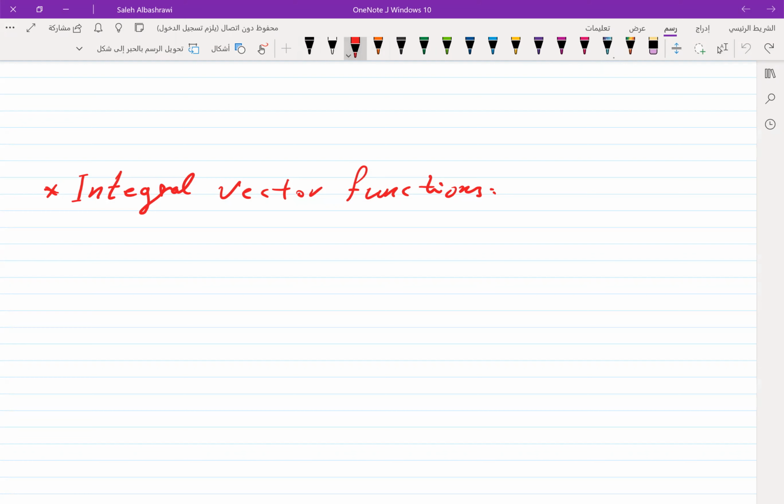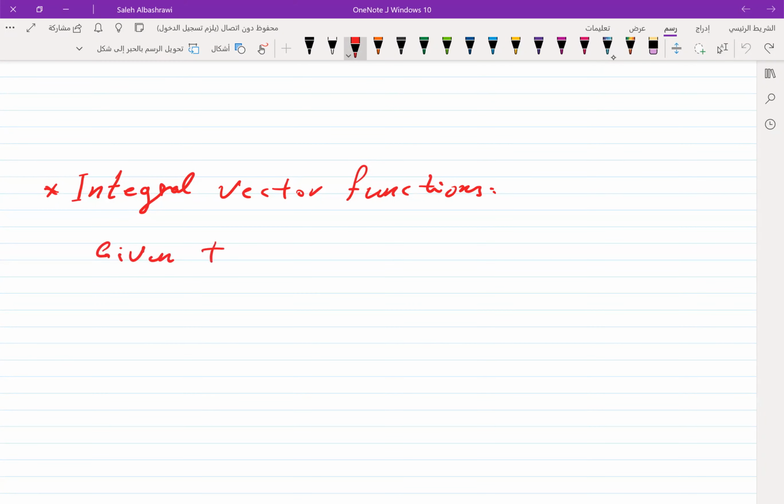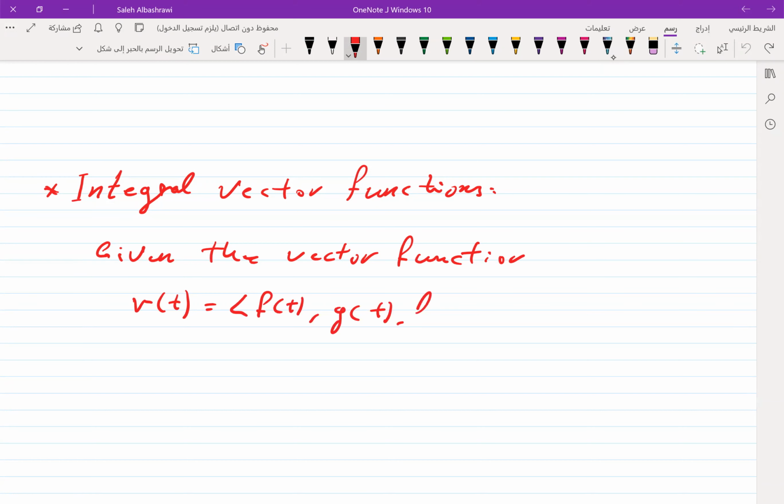Say that, for example, it's given the vector function r of t, which is equal to f of t, g of t, and h of t. The derivative of the vector function is equal to the derivative of each component.